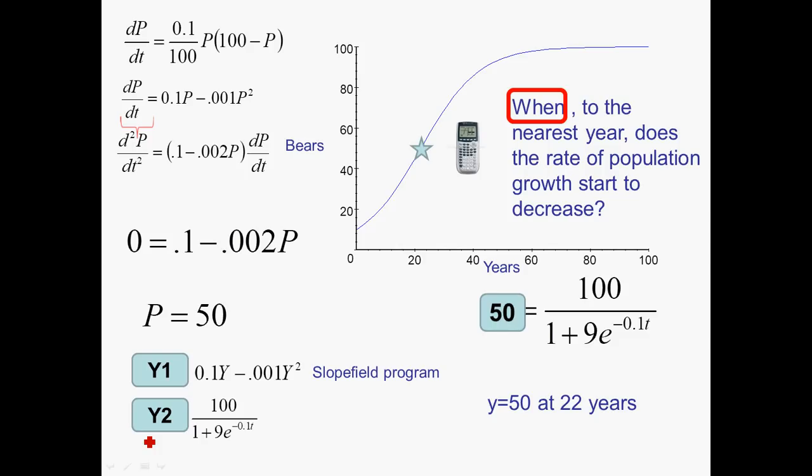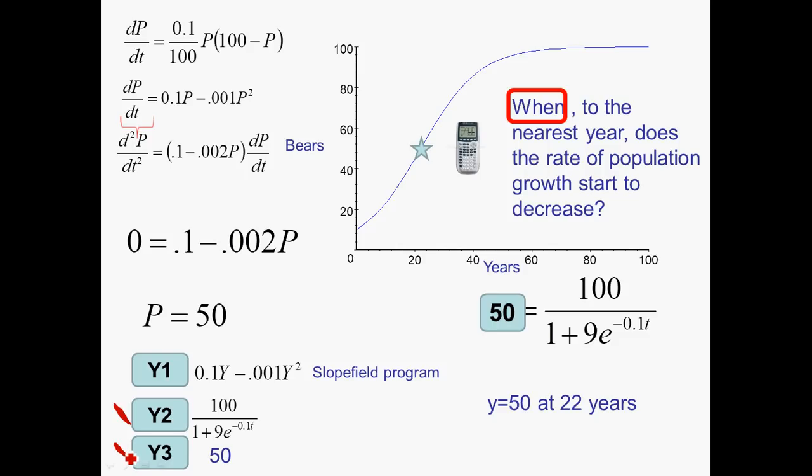Arrow over, put your cursor near the equal sign, and hit enter to make this a thick line. And then in y3, also with a thick line, type 50.